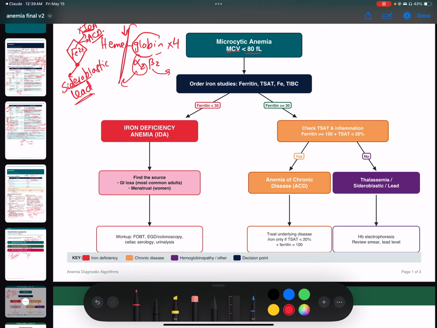So the first thing, we want to see the iron status of the patient. For iron status, we'll order different blood work: ferritin, TSAT, iron, and TIBC. Ferritin is the best marker for iron because it reflects iron stores. If the ferritin is low, that automatically means it's iron deficiency anemia.